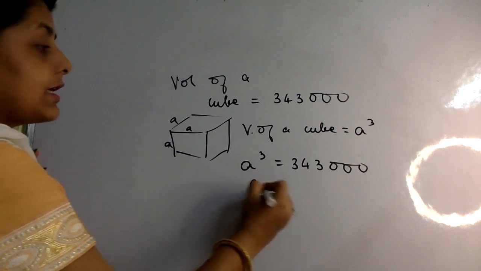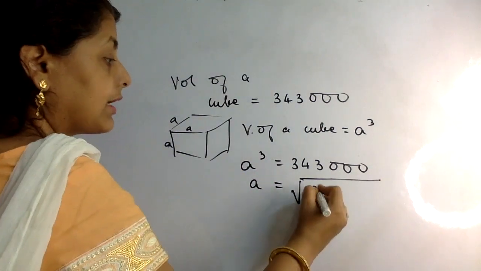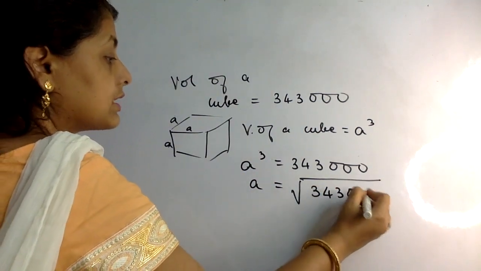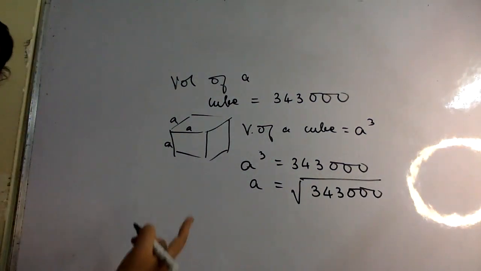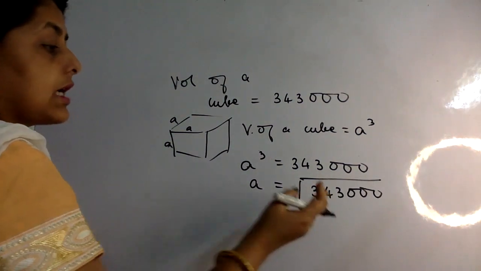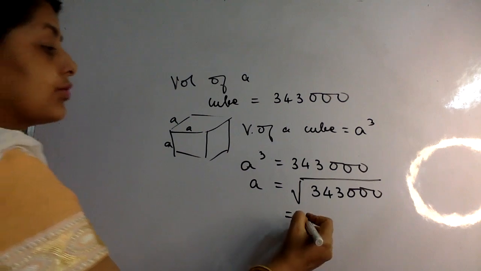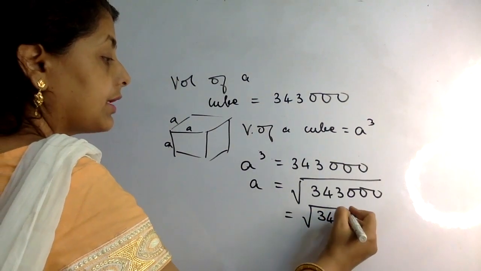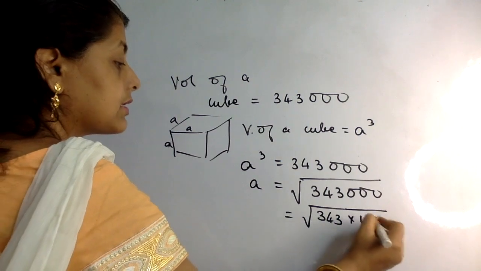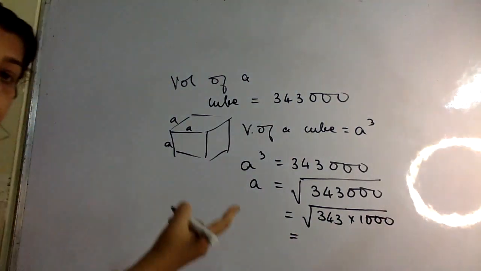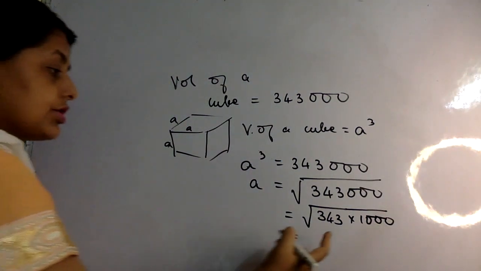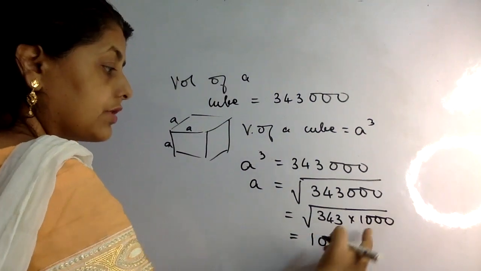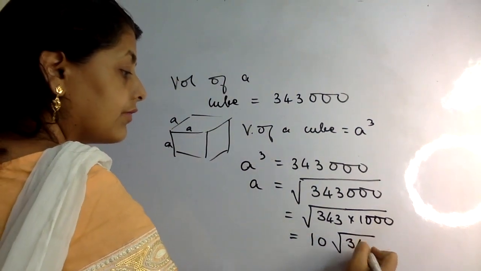Now if I want to find a, that is one edge, I have to simply take the cube root. Here do not waste time doing prime factorization for this whole thing. We will just write it like this, and we have already got one part of the answer, which is 10, that is the cube root of this, and then 343.